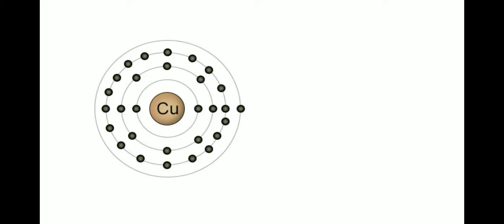Now let's look at the atomic structure of the element copper. So here you can see there are electrons out here. The number of protons inside the nucleus and the number of electrons outside has to be equal.